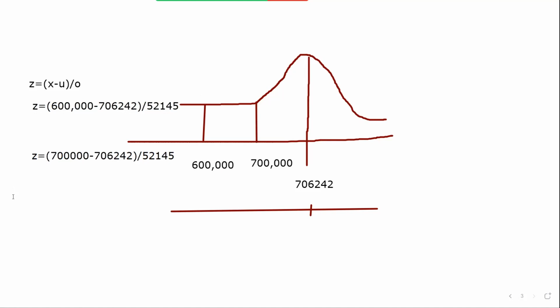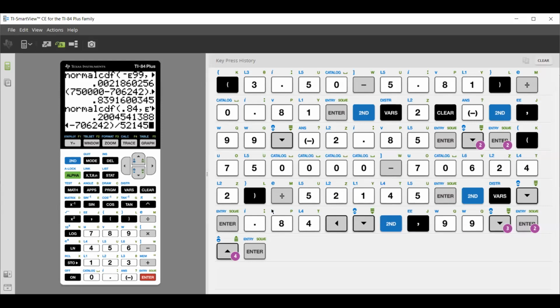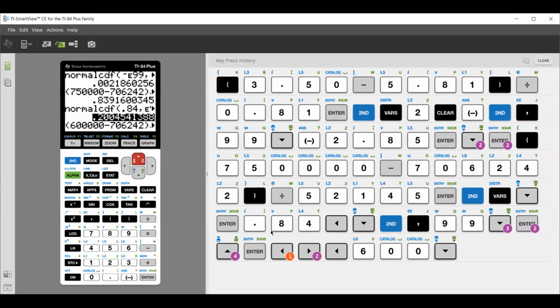So let's crank through this and see what happens. So for 600,000, I'm gonna cheat a little bit since I have the number already. 600,000 minus 706,000 divided by 52,145.